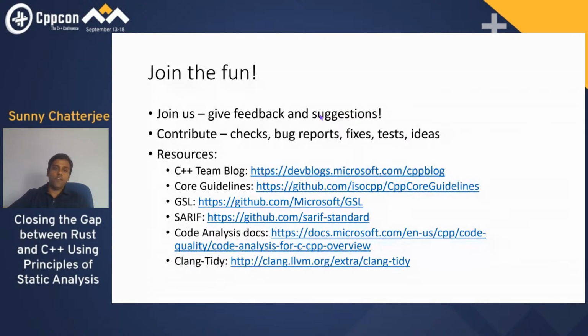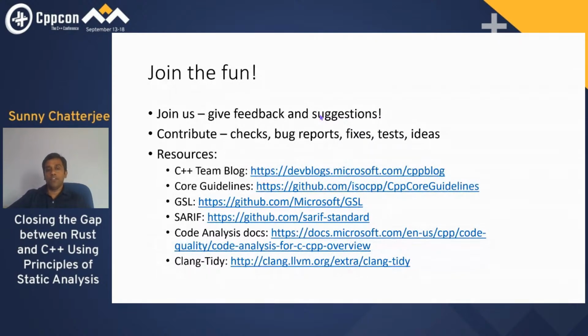And I've also provided a bunch of resources here that you can refer back to after my talk. The C++ team blog is definitely the big one, where everything that we do, all the announcements, get made. So stay tuned for more safety rules that show up in our team blog. The C++ Core Guidelines have been a pretty effective guiding principle for us to improve the code hygiene within the company.